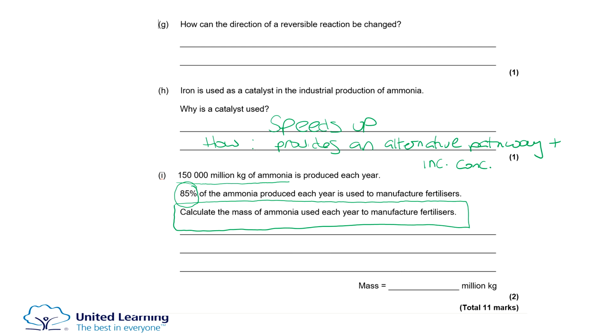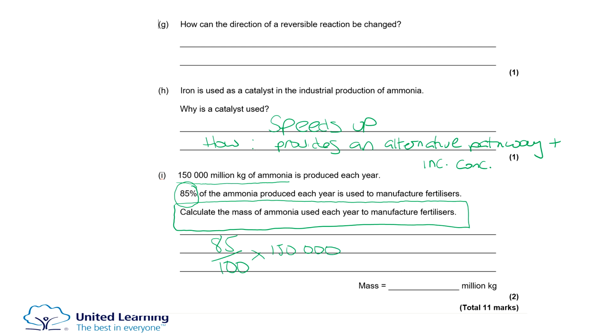And so in order to calculate the mass of ammonia used each year, we need to find out what 85% of 150,000 million is. There are two ways in which you can do it. You can either break down the 85% in your initial part of the equation, 85 divided by 100, and then times by 150,000.